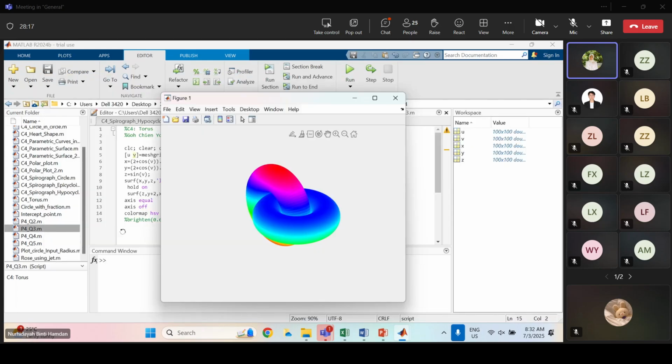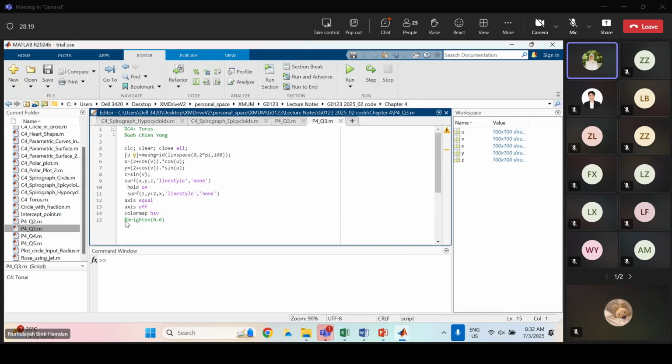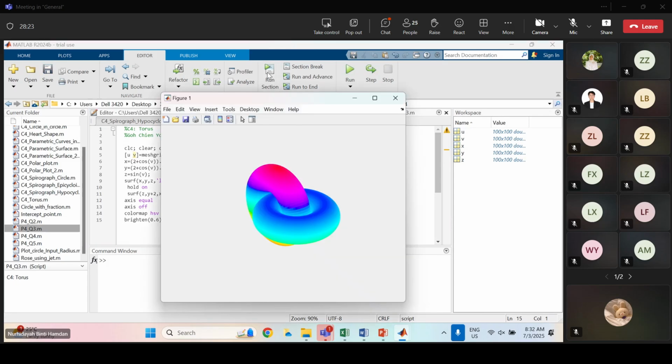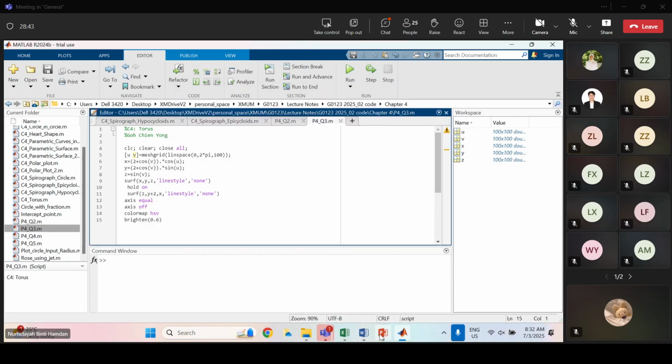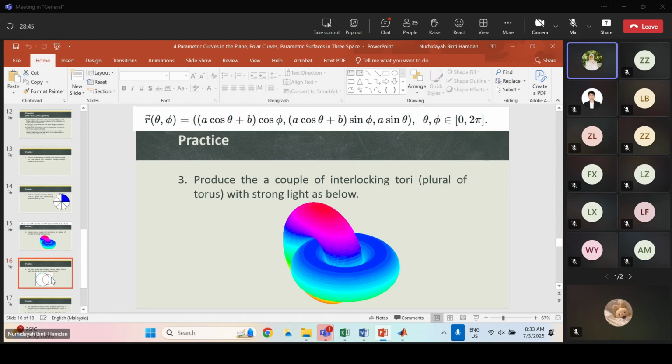If I brighten by 60%, maybe you can play around with the value. So this is the torus, the interlocking torus, the interlocking ring. That's the answer for question 3.